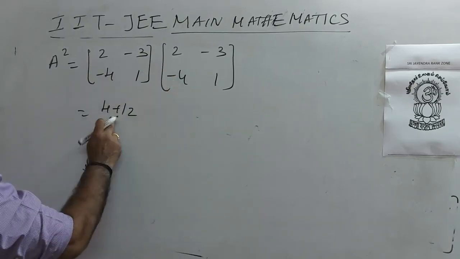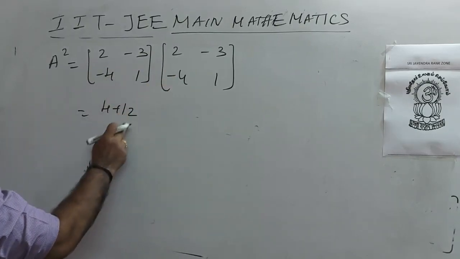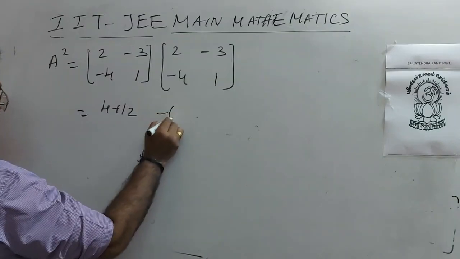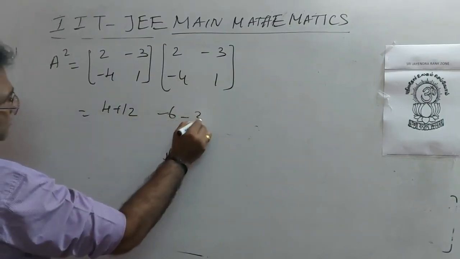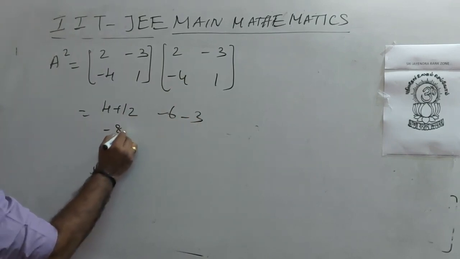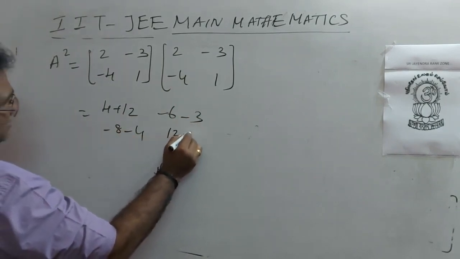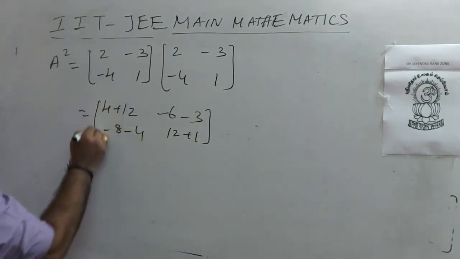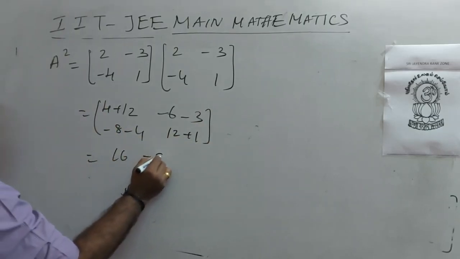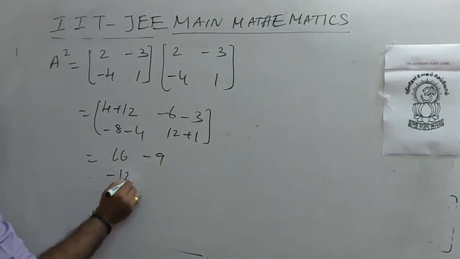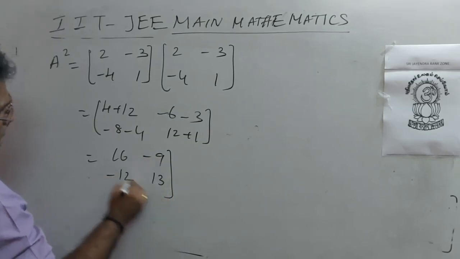So 2 into 4 minus 3 into 4, minus 4 plus 12. 2 into minus 3, minus 6. 3 into minus 1, minus 3. So minus 8, minus 4, 12 plus 1. So 16, minus 9, minus 12, 13.